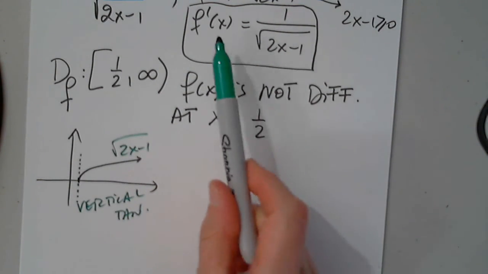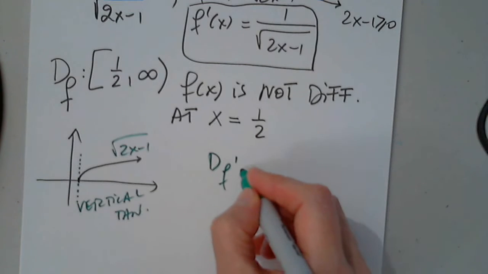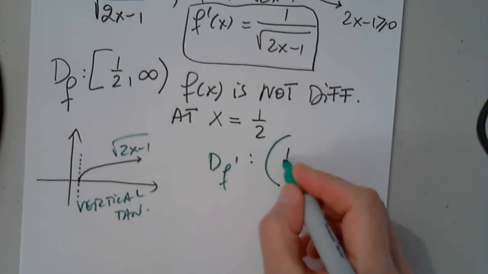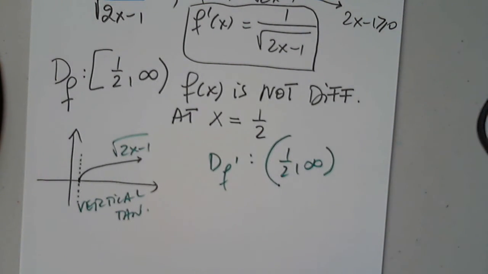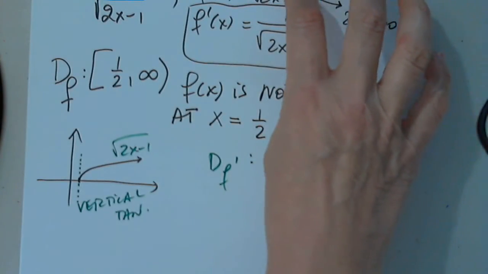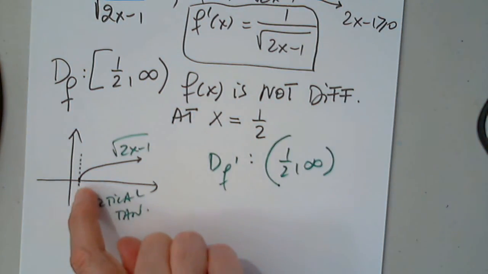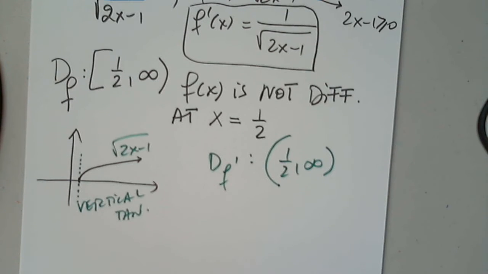So that's why the domain of f prime is this. So if you ask me what is the rate of change of this function at 1/2, I'll say sorry, there isn't one.